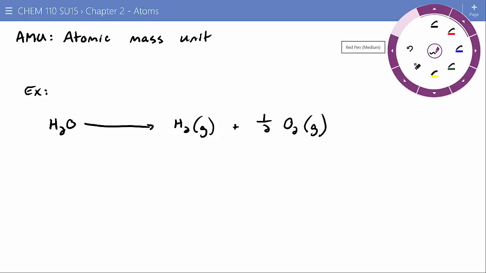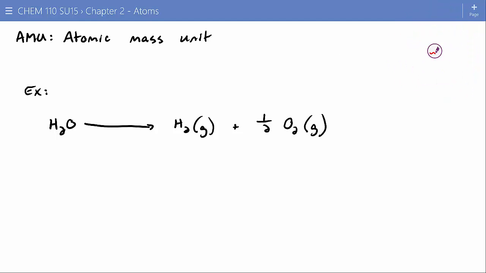And the thing that they looked at was they looked at the hydrogen and oxygen and compared the mass of each of these.